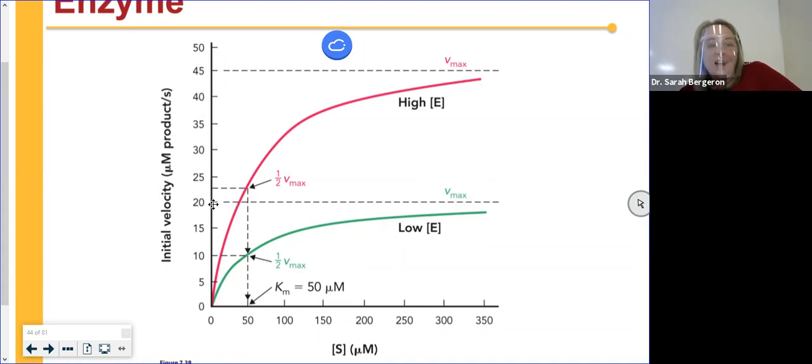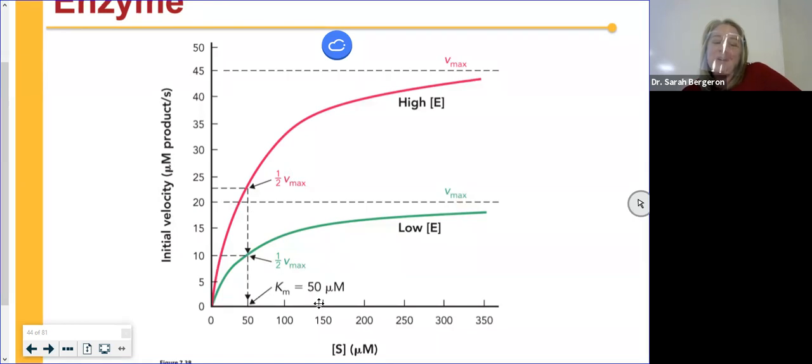And if you find half of the Vmax, and you go and find the concentration of the substrate at that half Vmax, what is that? The Km, the Michaelis-Menten constant. Therefore, it is, guess what? Constant.